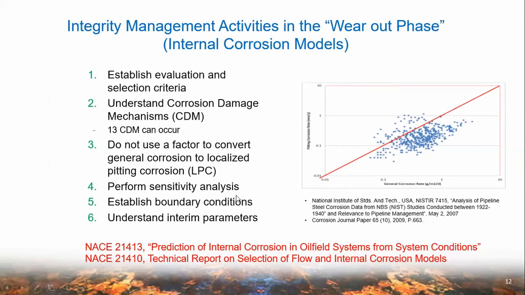The fourth one, we perform sensitivity analysis of the model. For example, if the model is not sensitive to hydrogen sulfide concentration, then do not use the model for sour pipelines. Establish boundary conditions.